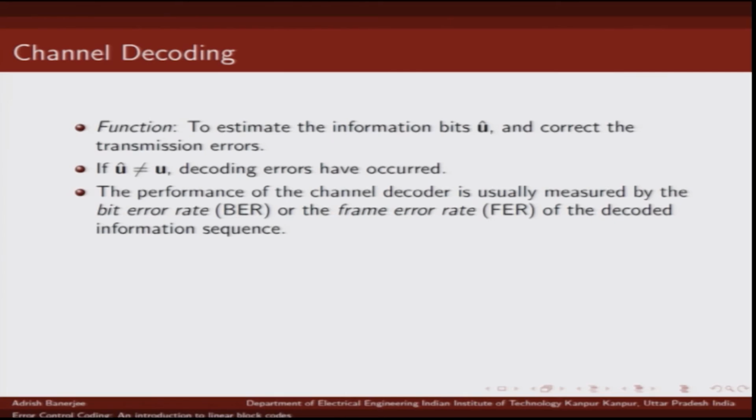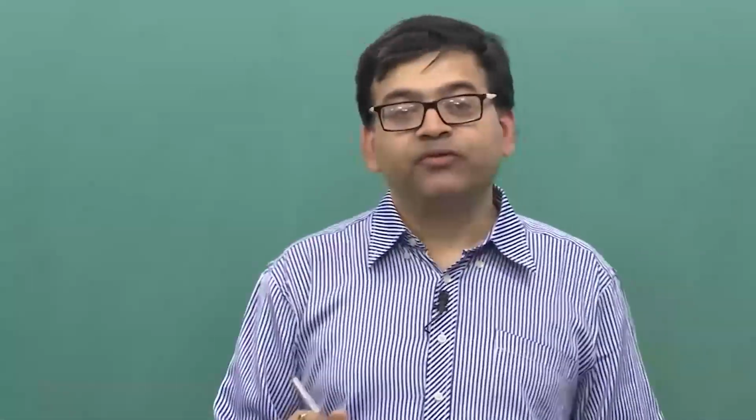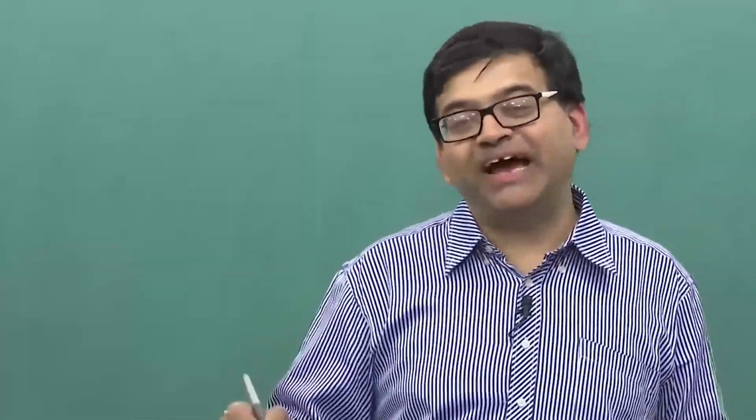So, what is bit error rate and frame error rate? We define bit error rate as the expected number of information bits that are decoded in error. For example, if you transmit n information bits and x of them are received in error, the bit error rate would be x by n.